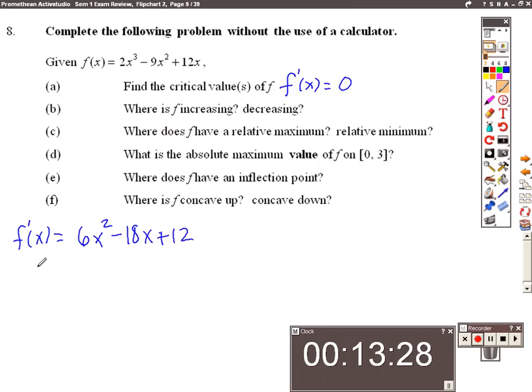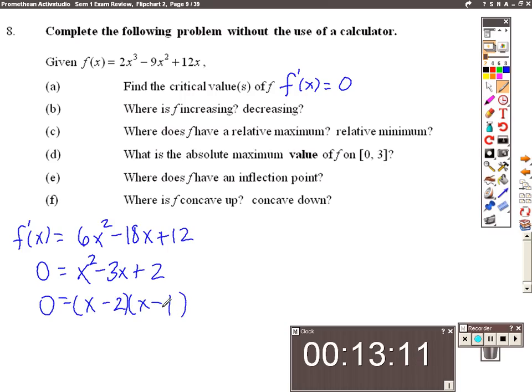When I set that equal to 0, I can divide every term by 6 on both sides, and I'll get x squared minus 3x plus 2. Factor to solve the equation, and I get x equal to 2 and x equal to 1. Those are my critical numbers, x equal to 2, x equal to 1.